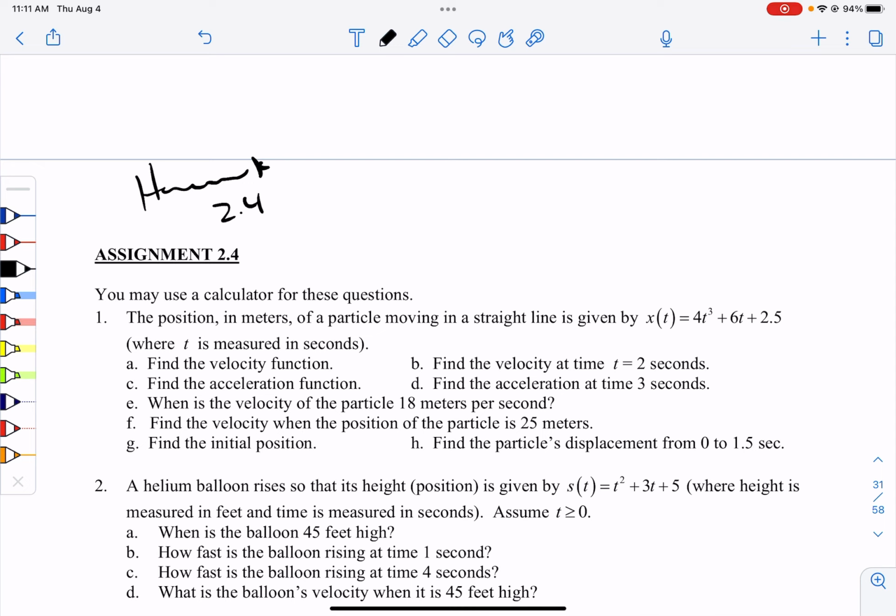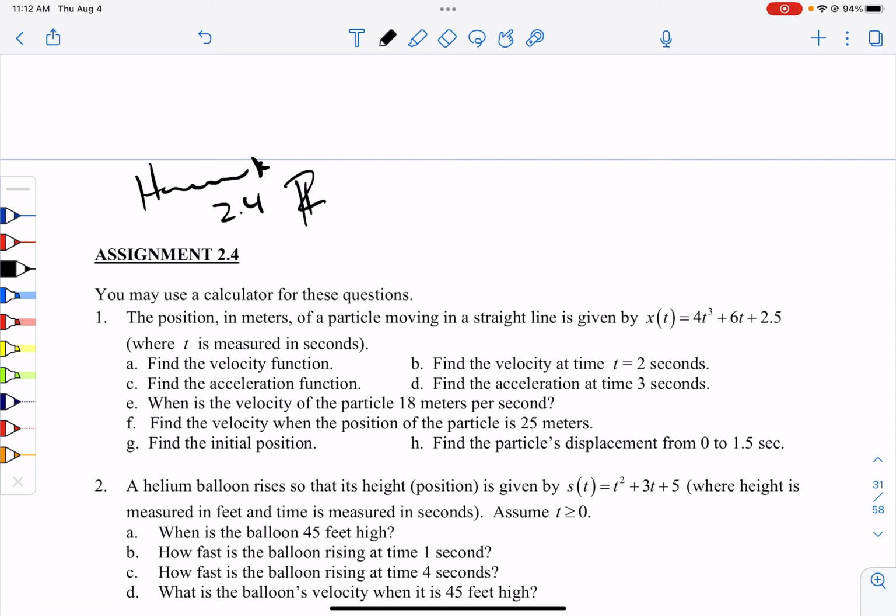But number 1 has A, B, C, D, E, F, G, and H. Number 2 has A, B, C, D. I know there's a lot of parts, but I need you to do all the problems. There aren't any that I want you to skip. I want you to get through as much of that as you can.